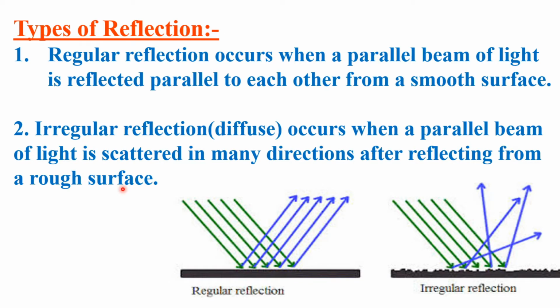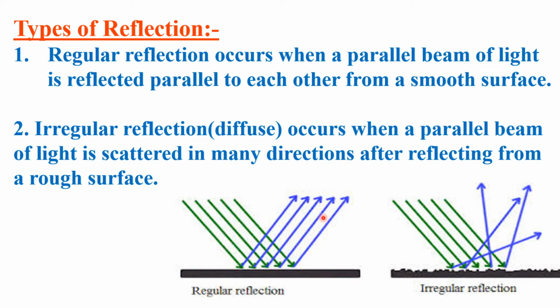It can be understood nicely from the figure. See here, the parallel beams of light are incident on the smooth surface, and we are getting the reflected rays also parallel to each other. So this type of reflection will be called what? Regular reflection.